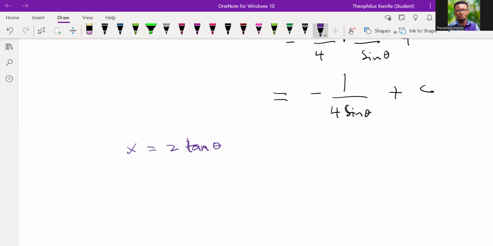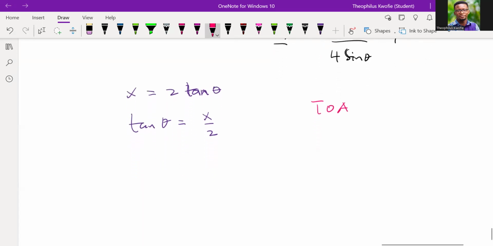But remember that with tan, my tan theta should be equal to what? x on 2. Remember, in algebra there's a slogan, some tricks that we use to remember the trig identities, and we remember that tan is always equal to what? TOA.